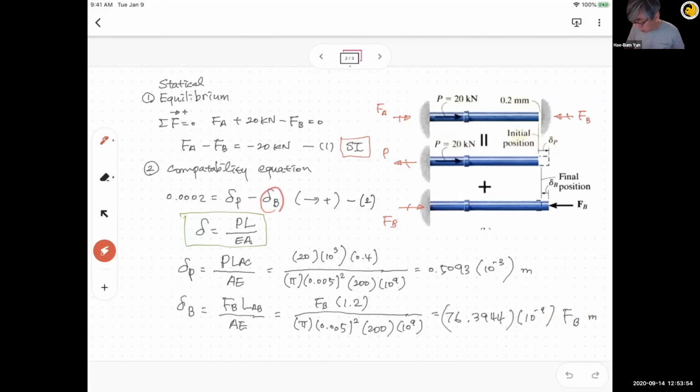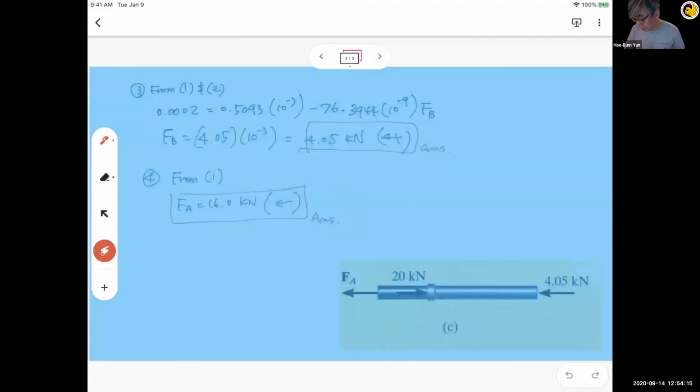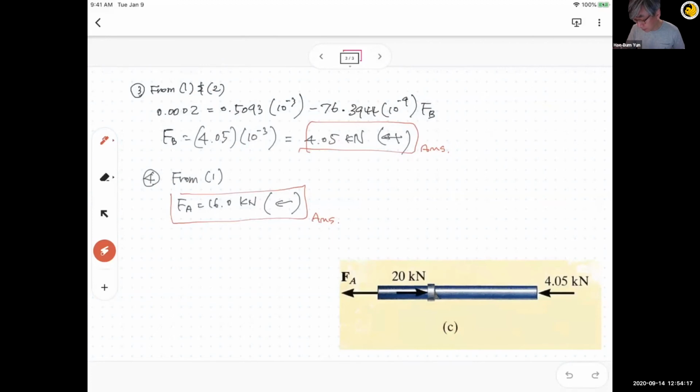So if you plug that in here, then you can determine FB, right? Because FB is the only unknown. So we have a constant, so we can solve this one. You're right, because I actually meant using here, so then you're correct.